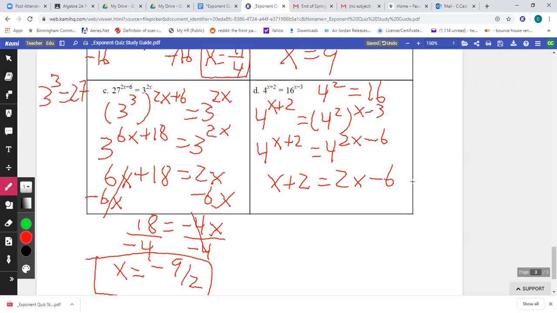And now it just becomes a simple equation. So 2 is equal to x minus 6, and I just add 6 to both sides. Then 8 is equal to x.